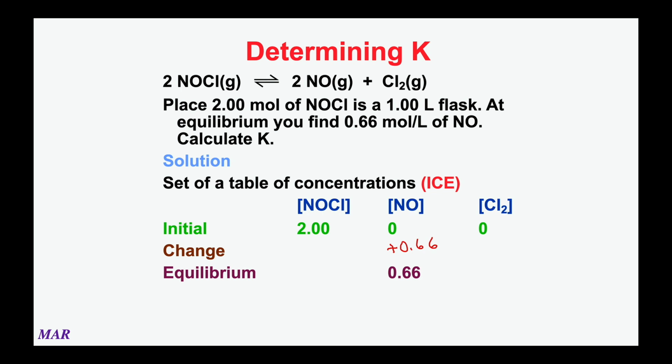You can't get something from nothing, all right? The 0.66 had to come from somewhere. And the 0.66, the change in NO, came from the NOCl breaking down.